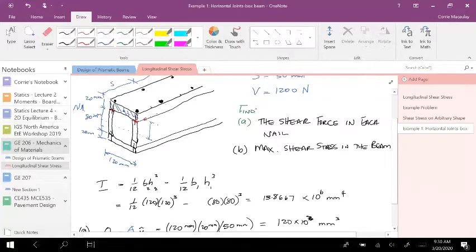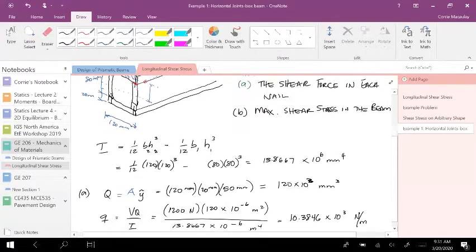So again, remember when I said this nail is going to take on the midpoint between these nails on this side and the midpoint between these nails on this side. So therefore, this nail is going to take on the resistance from this point to the next point up to somewhere up there. So basically, if I go midpoint to this side, midpoint to that side, that is the spacing S.